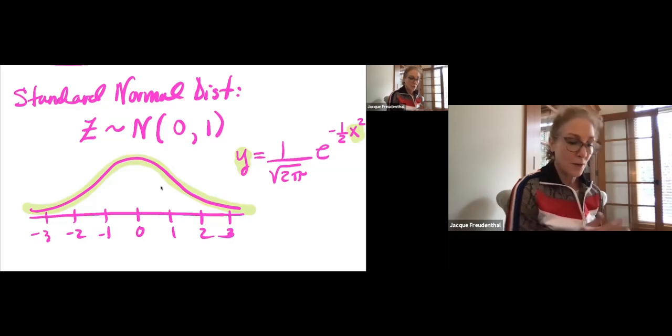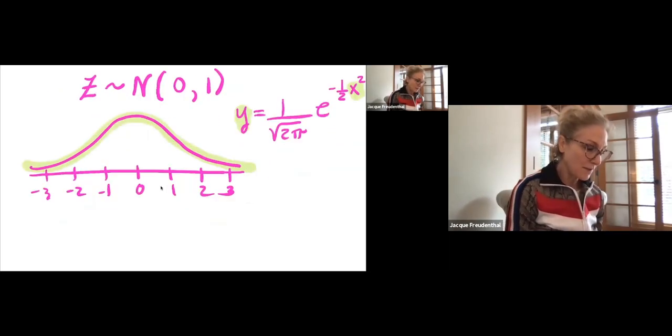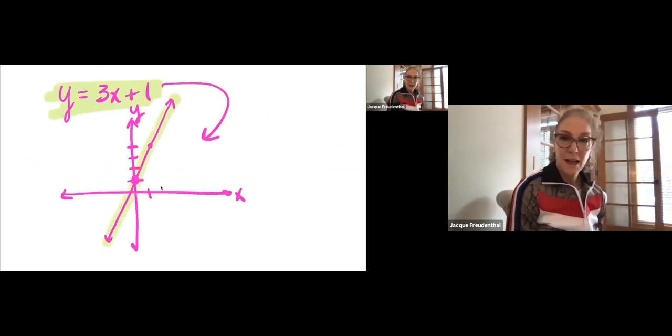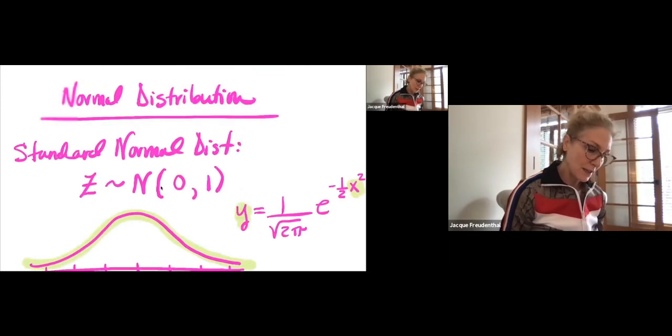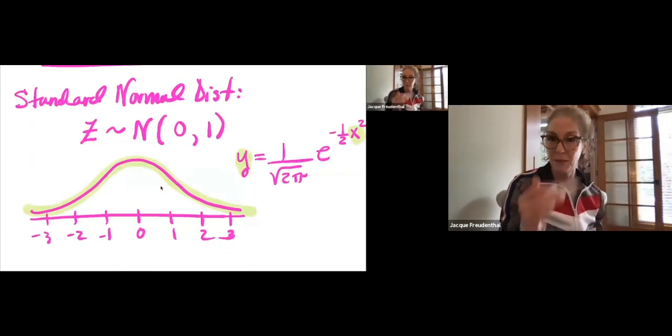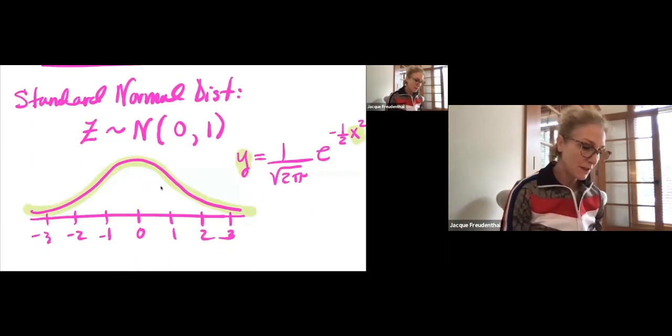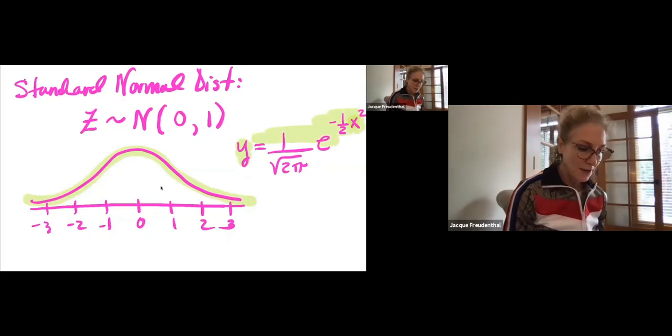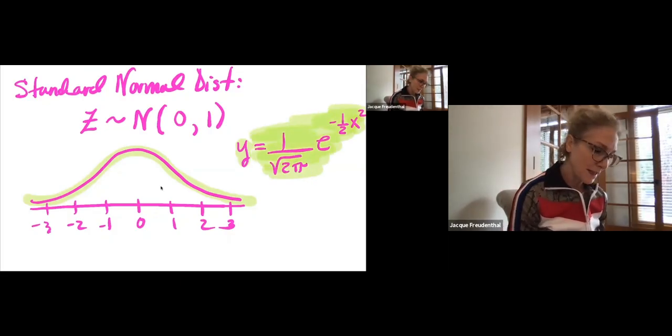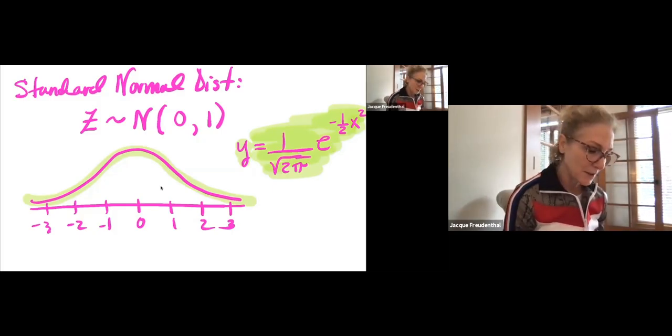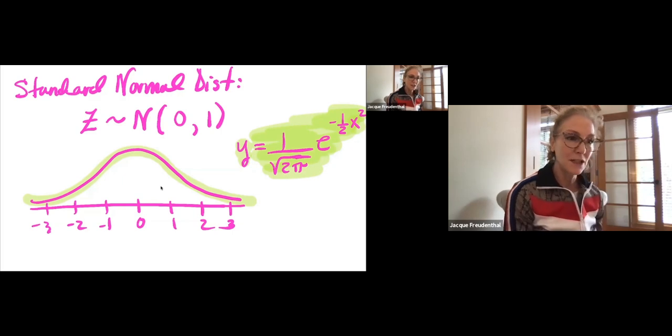This equation gives you this straight line. This equation gives you this bell-shaped curve. So this equation is not scary. You know a lot about what's in this equation already. You know what pi is. E you may not have learned, but it's similar to pi. It's an irrational number. So it really is just the equation that gives you the shape of this graph.